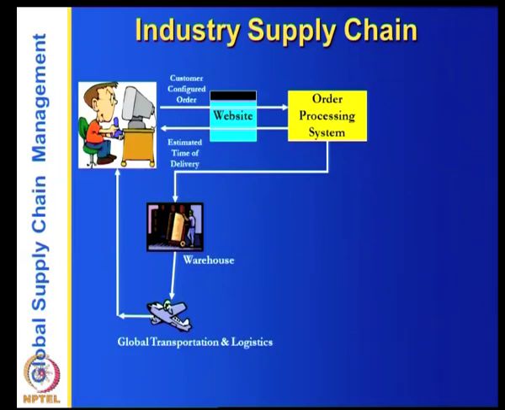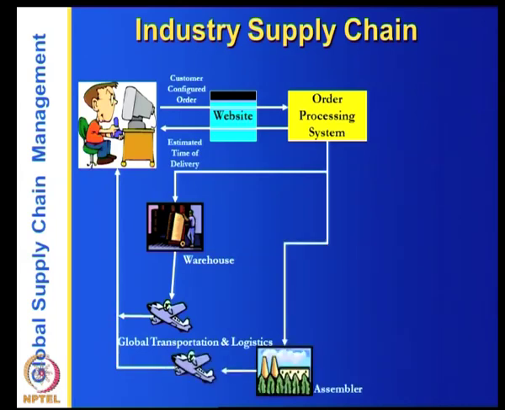Well, supposing it's not available in the warehouse, then it has to be assembled. In other words, depending on the configuration of your PC or your car, it may have to be assembled to order, and then it is delivered to you.